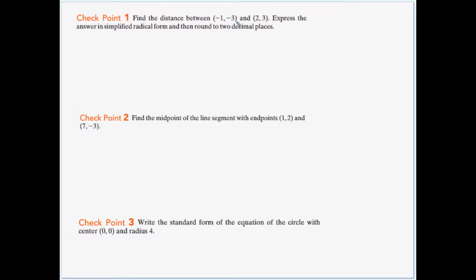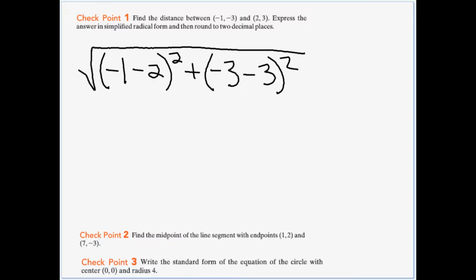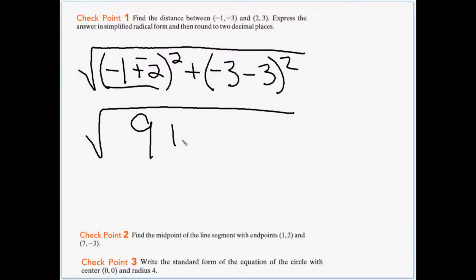All right, the first one, distance between the points. So I got a big old radical. And then I'm going to do my first x value minus my second x value and square it, plus my first y value minus my second y value, square that. -1 minus 2 more is -3, and we square that and get a 9.